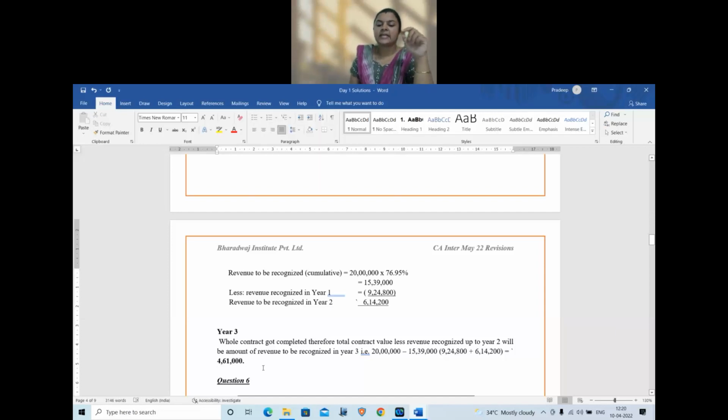In year 3, since the entire contract is completed, there is no question of percentage completion. We are taking the full 20 lakhs as the basis. But remember, every place you need to check whether cost exceeds revenue or not. If we don't check and just put the answer, and they have given a small twist in the question, we will end up missing it. So everywhere please check cost should be less than the revenue. Only then you can go ahead and do this working. Take down the answers.